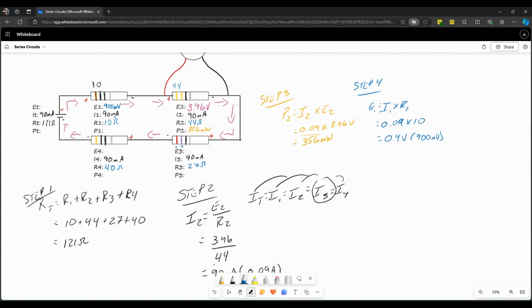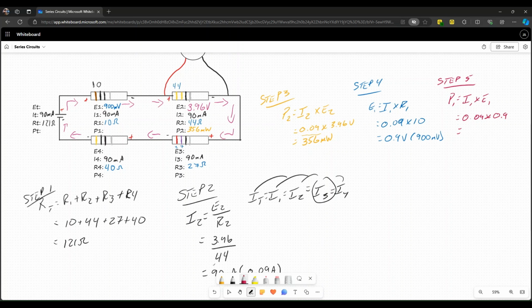And then let's do another color for step 5. Step 5. Let's find the power at that resistor. So power at resistor 1 equals current times the voltage. Now we're dealing with two numbers we calculated. See how this could go really wrong if you don't have your numbers right.